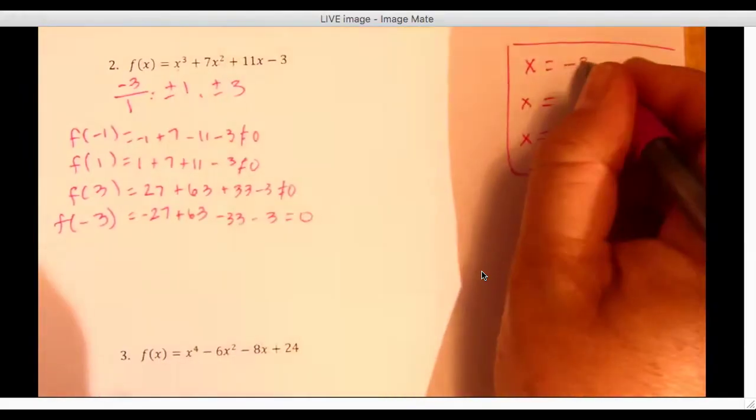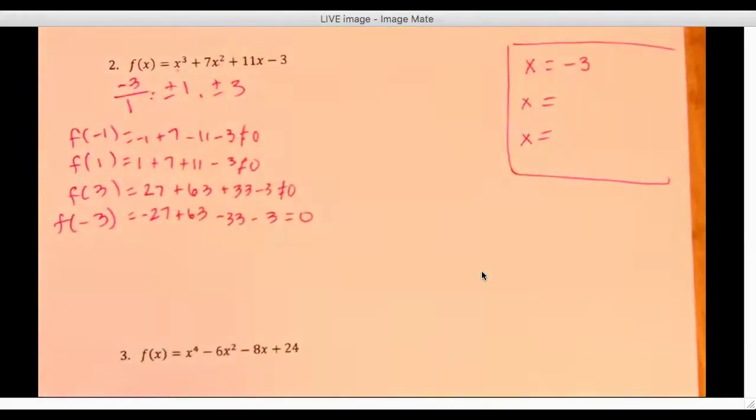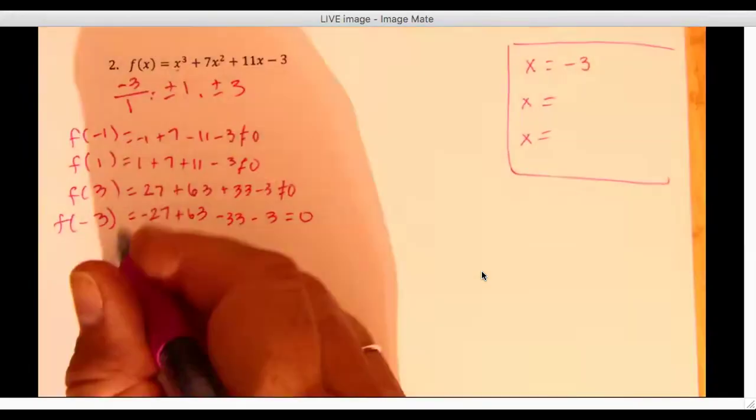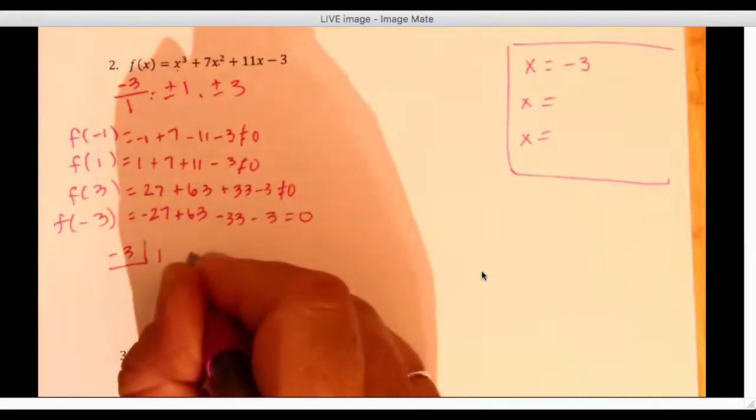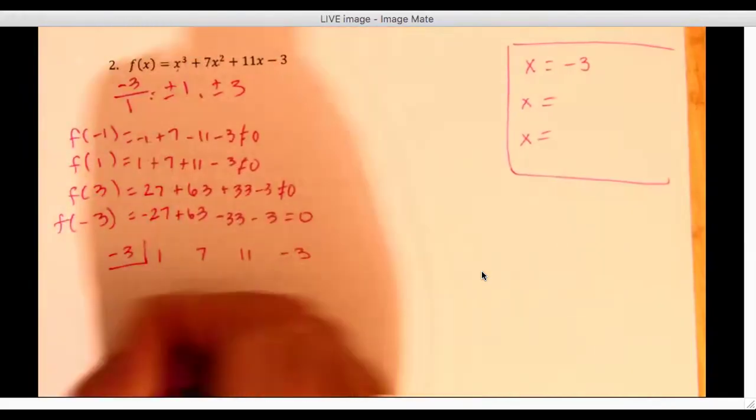So we found our first root. And then we can go ahead and use synthetic division to divide. So -3, and then I have 1, 7, 11, -3.